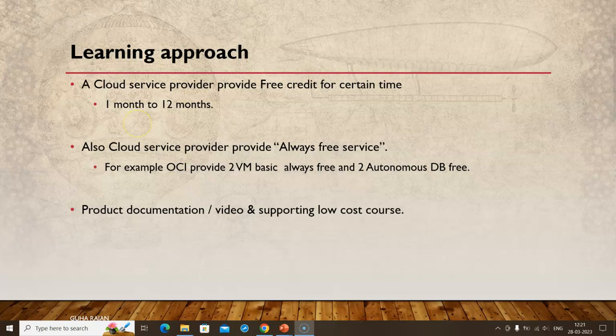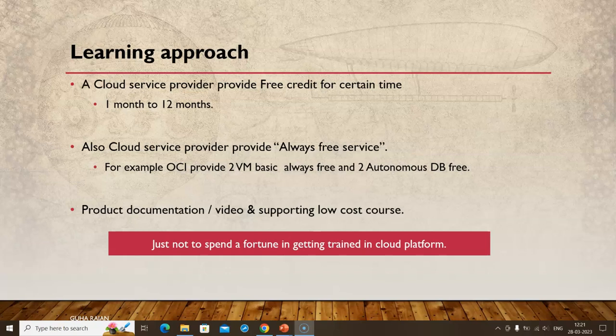And again, my suggestion is this. If it is okay for you, you can spend a fortune, but my take is not to spend a fortune in getting trained on a cloud platform. So opt for the prerequisite knowledge, gain SQL knowledge or some Linux knowledge. Once you have that knowledge, get a free credit, and then you can learn on your own with the support of low cost courses.